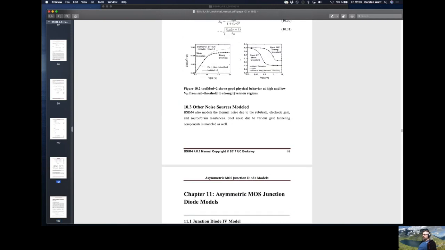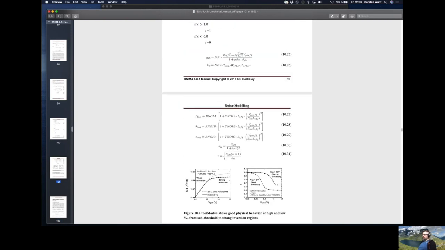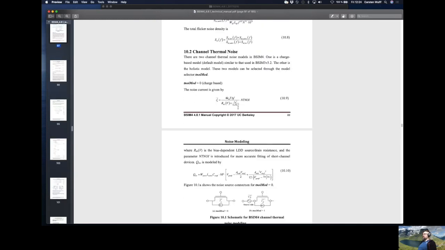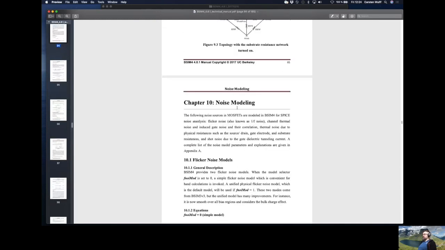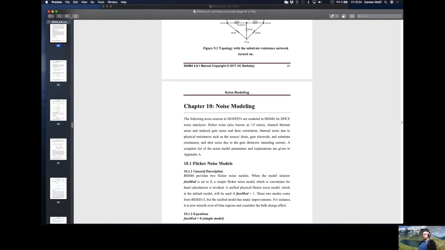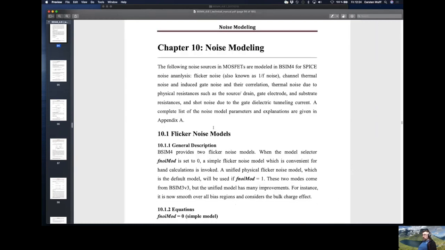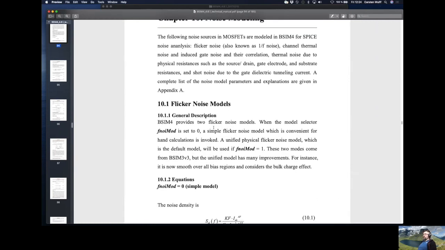Right, but at this point, one interesting thing still is that it does not accurately predict what's called generation recombination noise or popcorn noise or telegraph noise. And that's actually something I've seen multiple times in nanoscale technologies where the circuit comes back and it behaves in a manner that does not fit with the noise measurements or the noise simulations that we do.